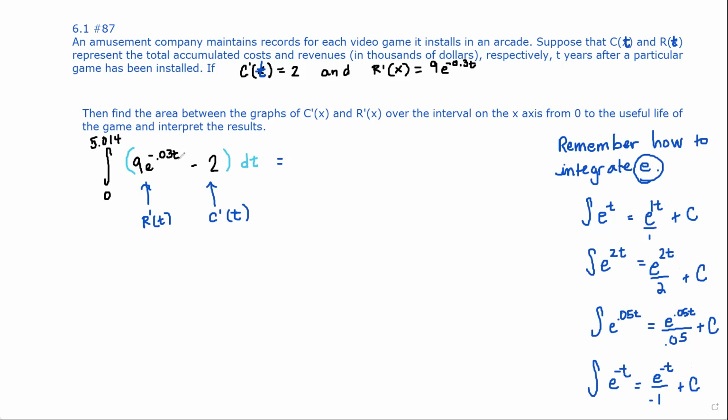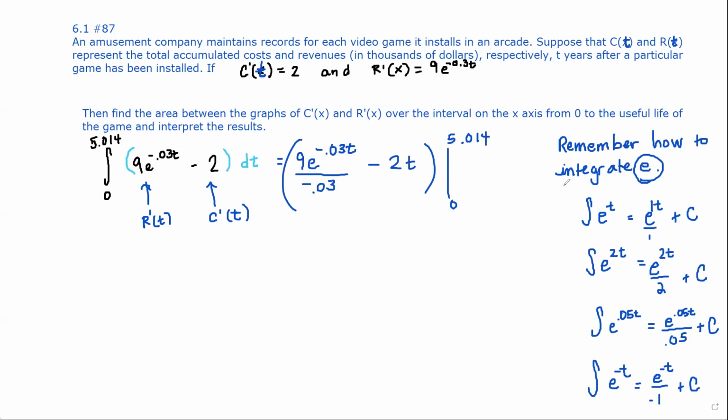Now, let's do that here. If we want to integrate this, therefore, we're going to get 9e to the negative 0.03t, and we divide that by a negative 0.03. If we integrate 2, we're going to get 2t. And we want to evaluate this between 0 and 5.014.